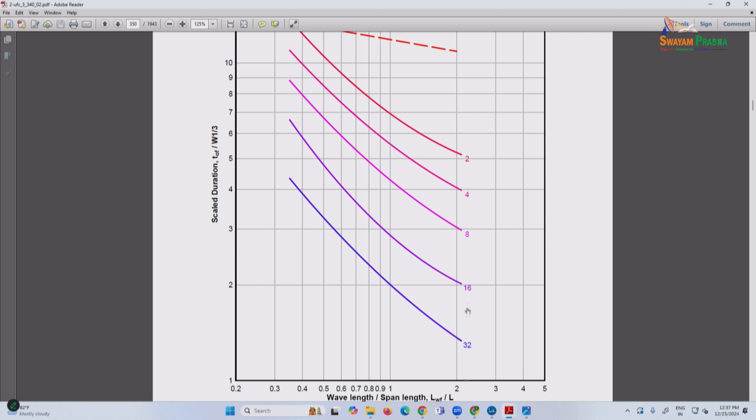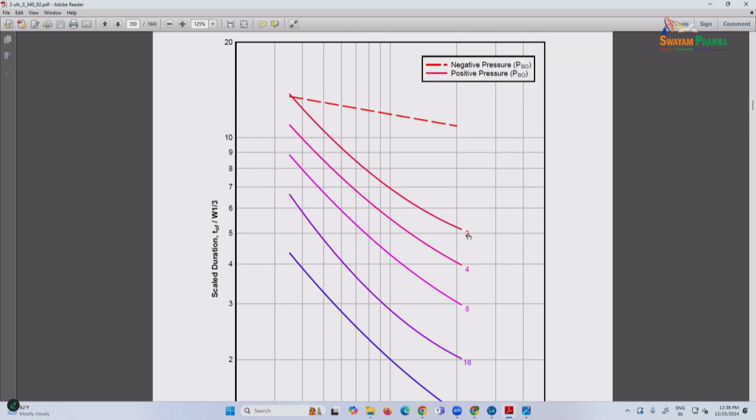So this is 2.51, again it is beyond. And based on the pressures, for positive pressure we are calculating, how much is PSO? 6. So 2, 4, 6, somewhere in between. So it's between 3 and 4, right? Somewhere here.